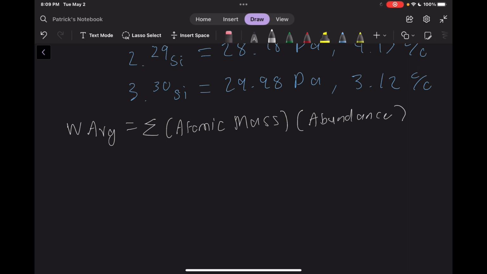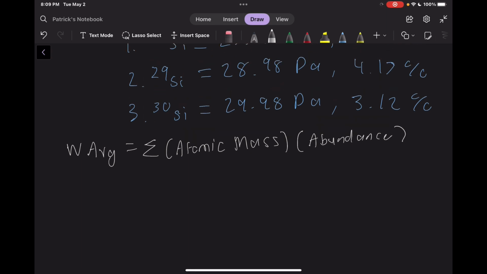We need to multiply each isotope's atomic mass by its abundance and then add all the combined values together to find the weighted average. Let's do that now. Remember, we have to convert the abundance values from percents to decimals before we can start multiplying. Don't rush through these and multiply percentages by whole numbers. It never leads anywhere good.